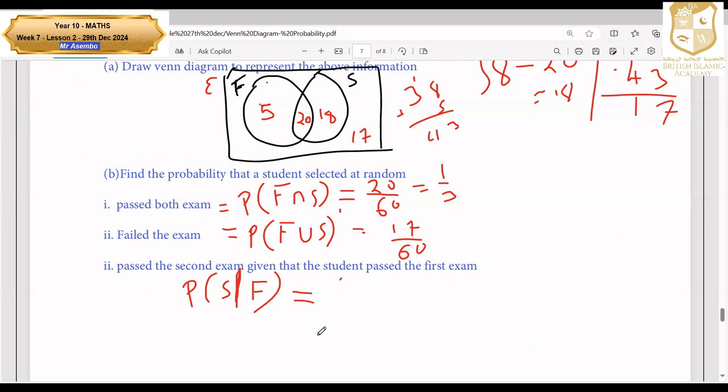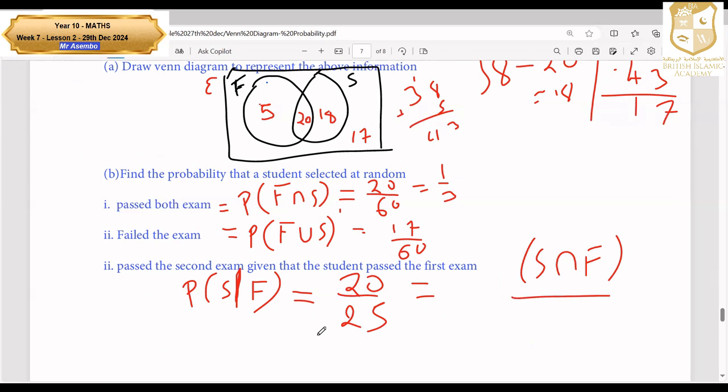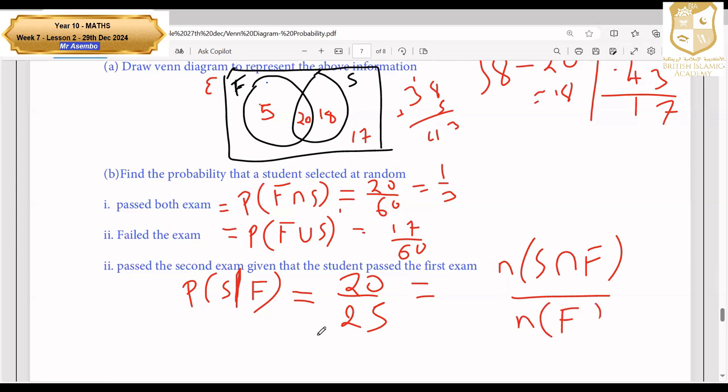It's going to be 20 out of 25, which is the same as simply saying we take the cardinality of S intersection F, divided by the cardinality of F. Now we can simplify here: 5 gives 4 and 5 gives 5, so it simplifies to 4 out of 5.